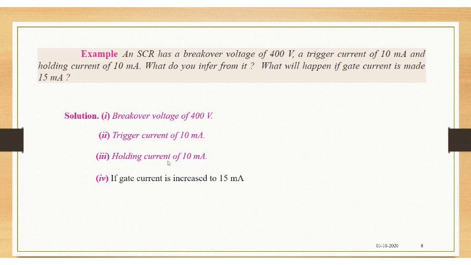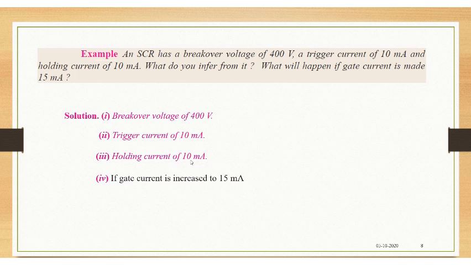Remember, what is the definition of the holding current? Holding current is nothing but the minimum anode current at which the SCR will remain in conduction mode, or in other words, if the anode current falls below the holding current, then the SCR will turn off. Remember, that's the meaning.